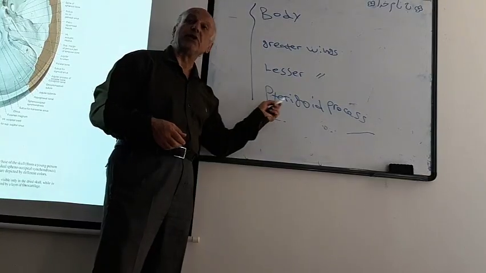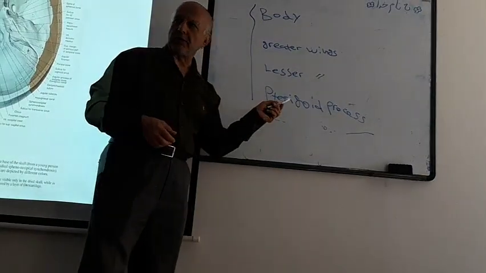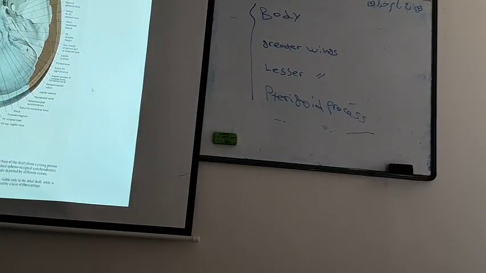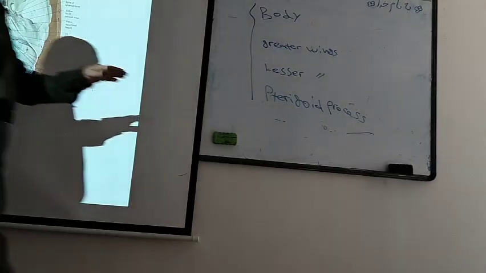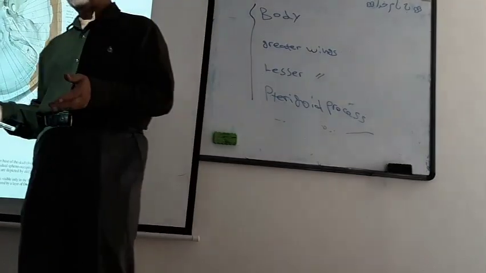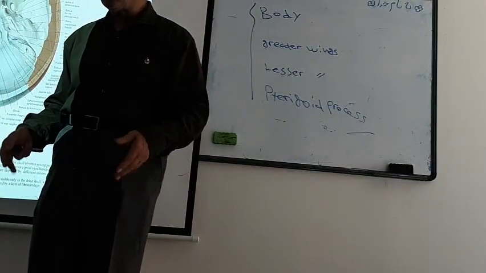You must say terygoid. It is from the Greek, foot. Pterygoid means foot. In Arabic you say rijl, because the sphenoid is like a bat, and this is the foot of the bat.